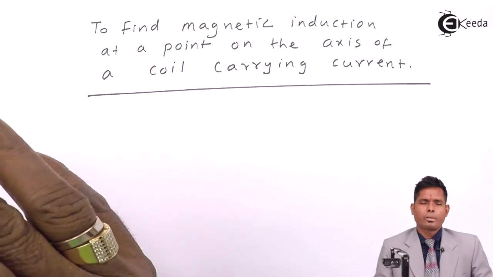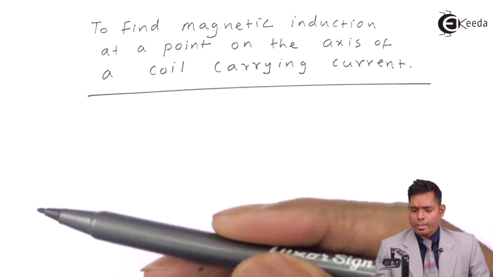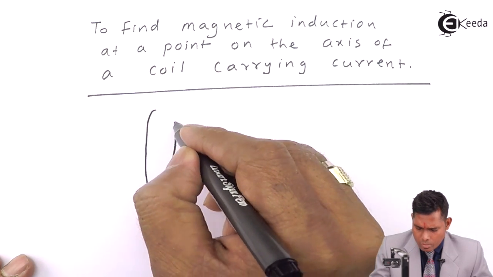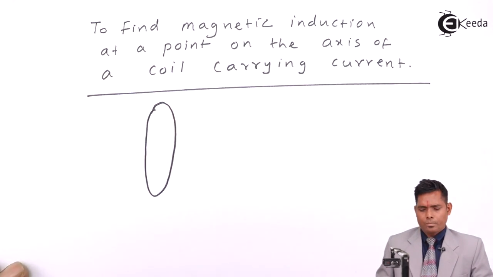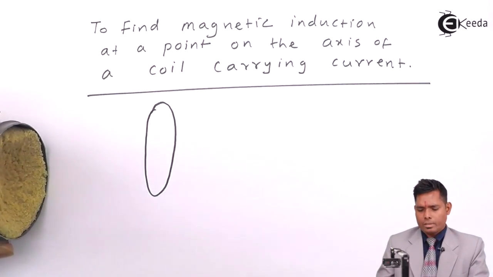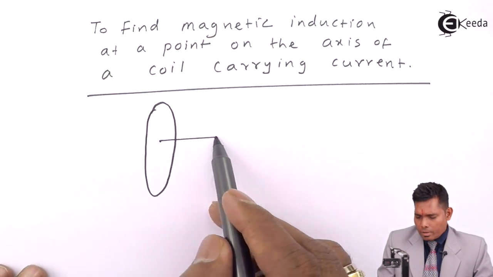So this diagram that I explained to you, I will draw here. So I have to draw a coil like this. This is drawn something like that. The coil is like this. The center, and this is the axis.